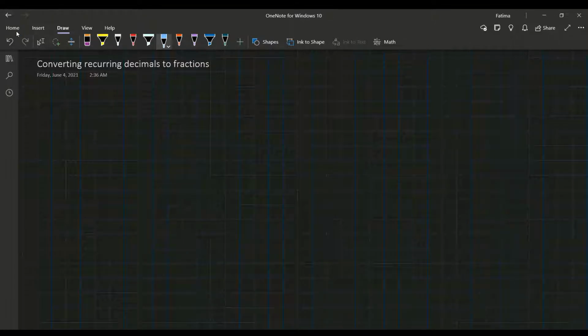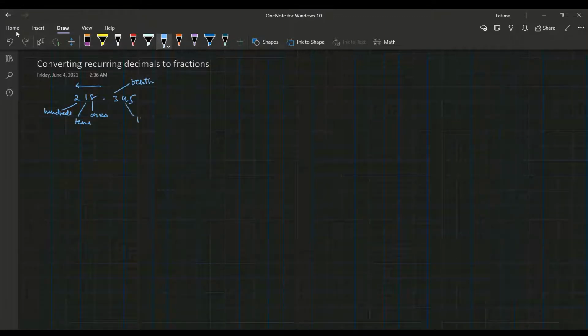So let's say, for example, we had the number 218.345. On the left hand side you should know that this is the ones place, this is tens, and this is hundreds. After the decimal point, this is known as the tenth place, this is the hundredth, and this is the thousandth.